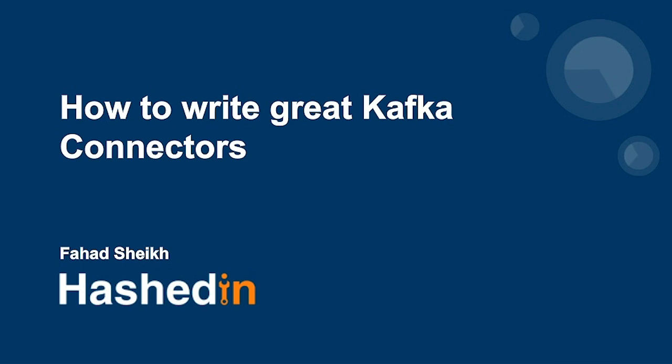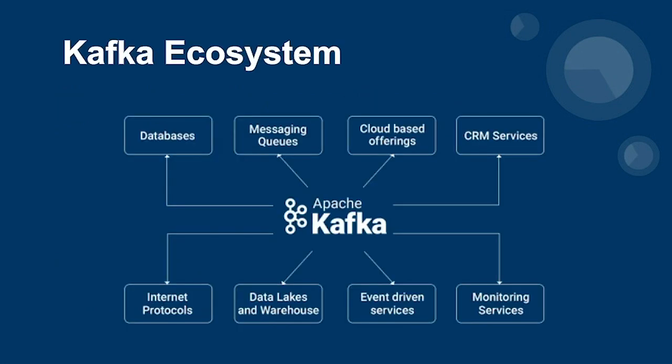So let's begin. There are a couple of ways in which we can move data in and out of Kafka. One of them is to write producer and consumer applications, and I bet this is the most common one. The producer application is supposed to pull data from external systems and write it to a Kafka topic using the producer API.